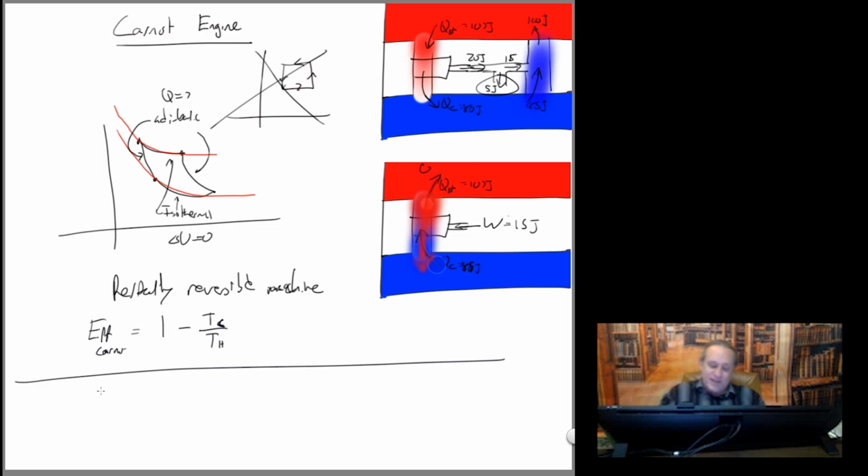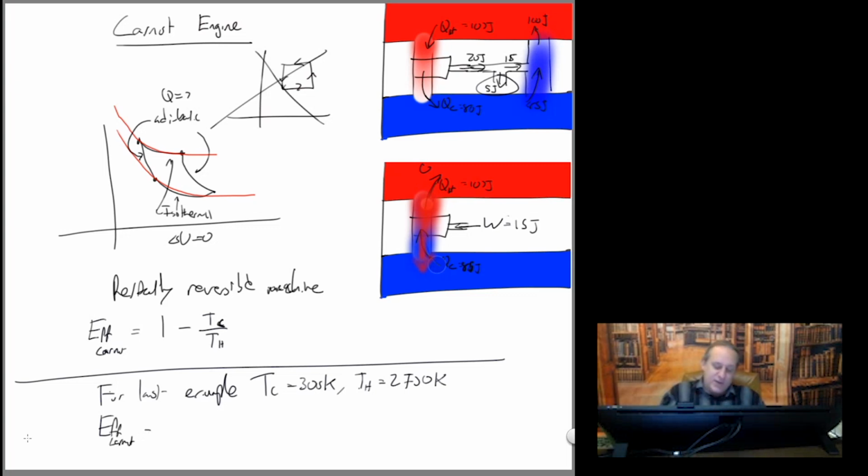So for the last example, the T cold, the coldest temperature, was 300 Kelvin, and the T hot, the hottest temperature, was 2,700 Kelvin.